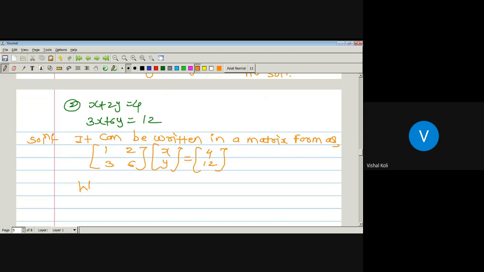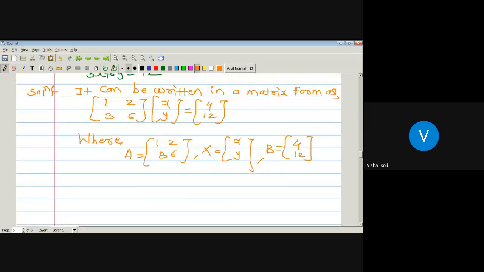Where A is nothing but this one, 1, 2, 3, 6. Capital X is a matrix having elements x, y, and B is a matrix having elements 4, 12.